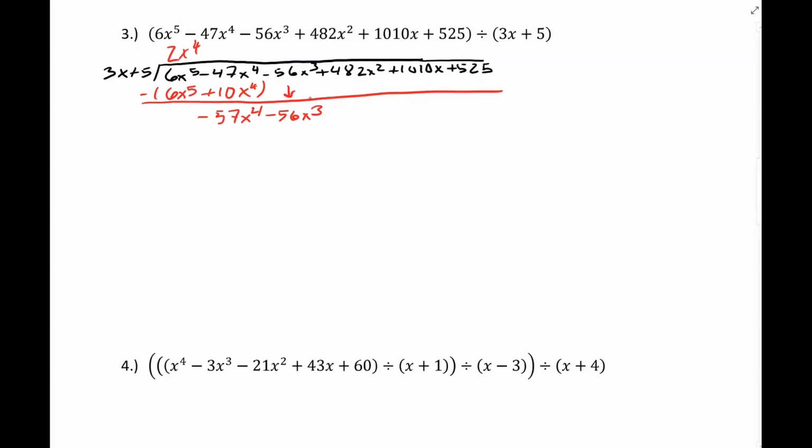What times 3x gives me negative 57x to the 4th? Well, negative 57 divided by 3 is negative 19. And then I know that x to the 3rd times x gives me x to the 4th, so I have negative 19x to the 3rd. And then I'll multiply that to each term of my divisor.